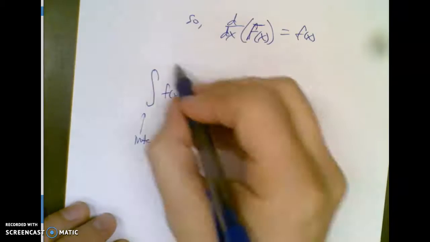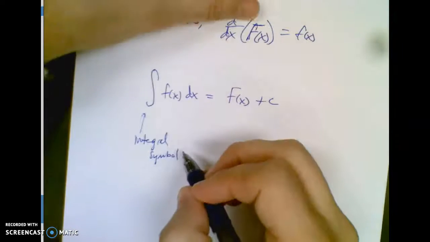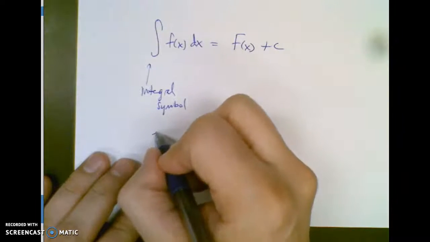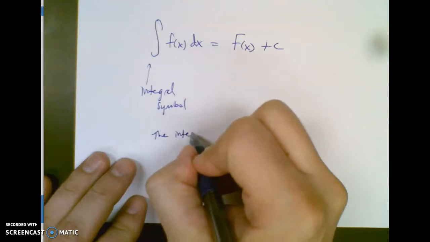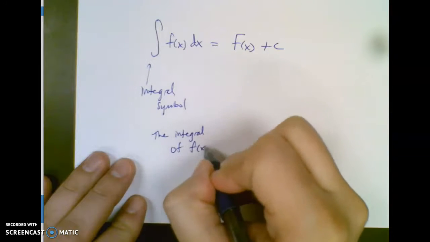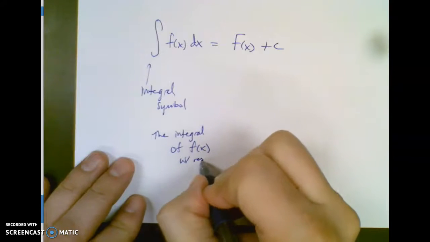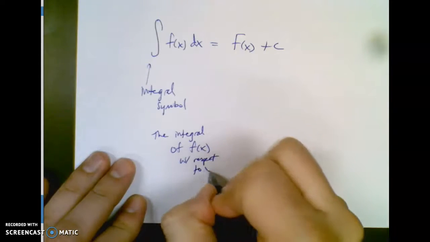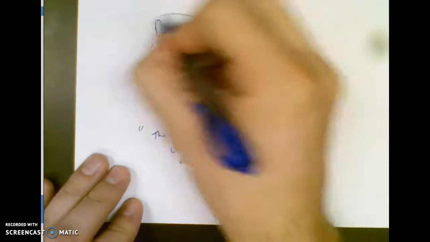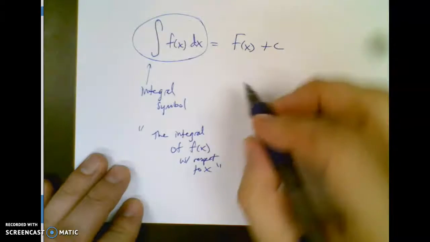So how would I pronounce this? Because I want you guys to sound like you know what you're talking about. You would say the integral of f of x with respect to x. That's what you would say for this side. And what does it equal?